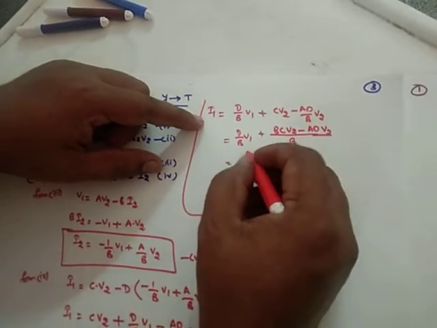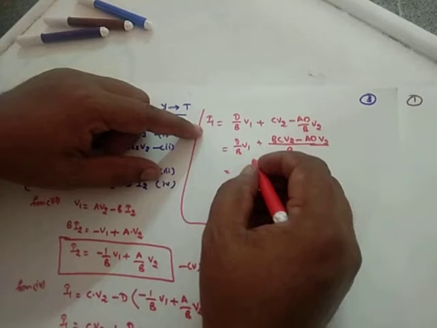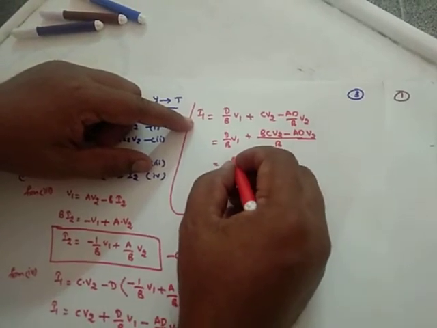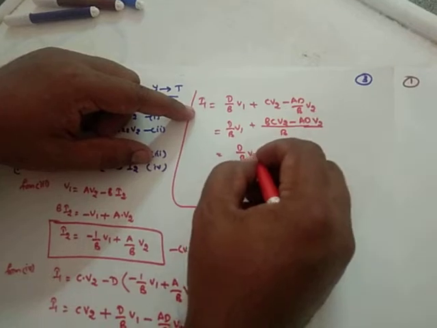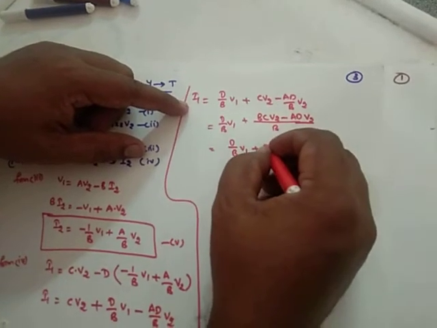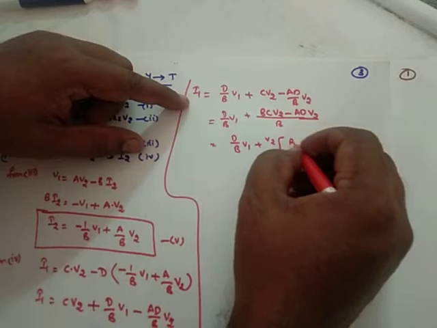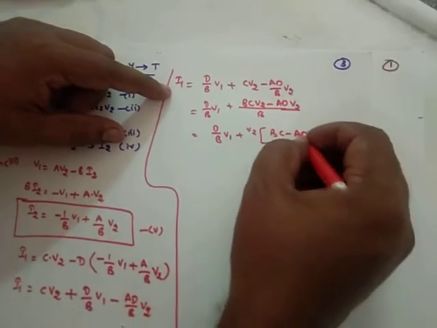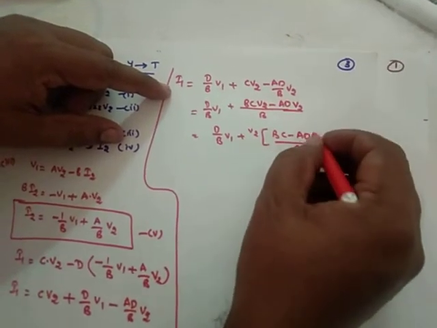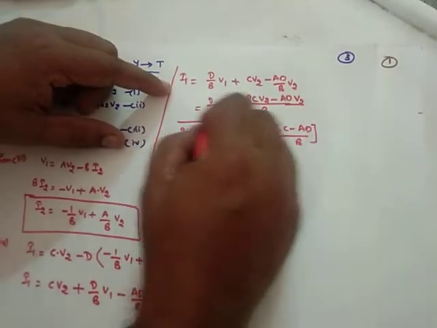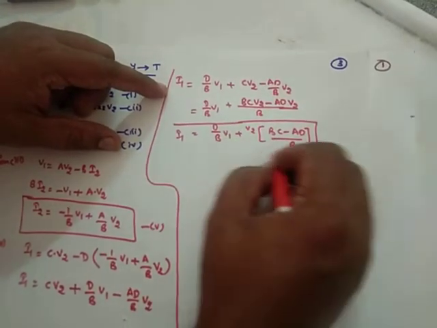Further simplified, D by B V1 plus, taking V2 common here, BC minus AD by B. Okay, this is I1.